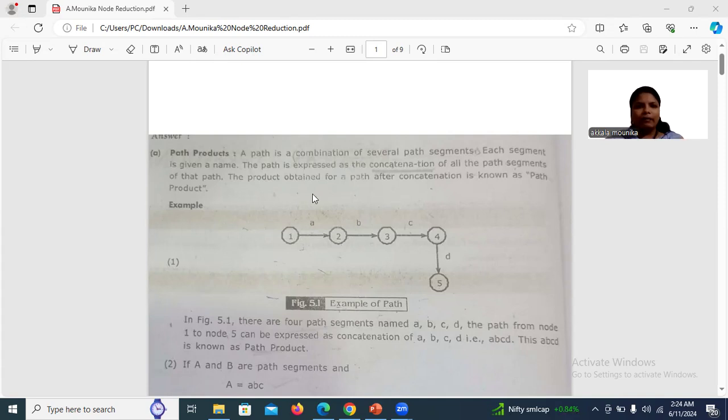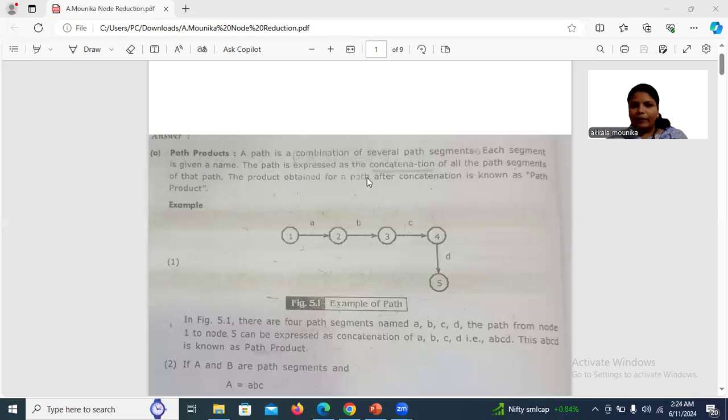So here each segment is given a name. Here we have given the names 1, 2, 3, 4, 5. These are the path segments. See here, the path is expressed as the concatenation of all the path segments of the path. Concatenation is nothing but combining all the path segments.